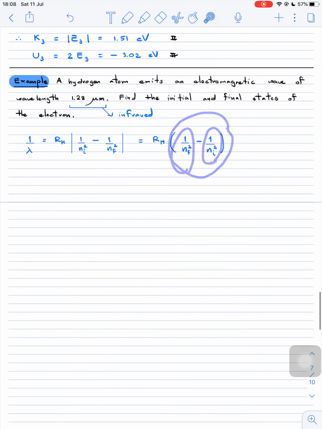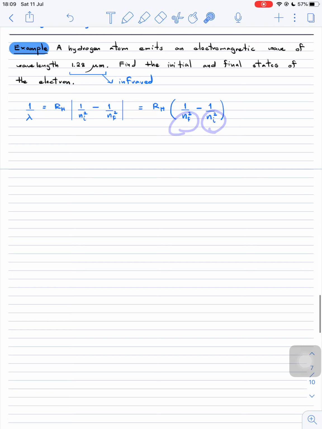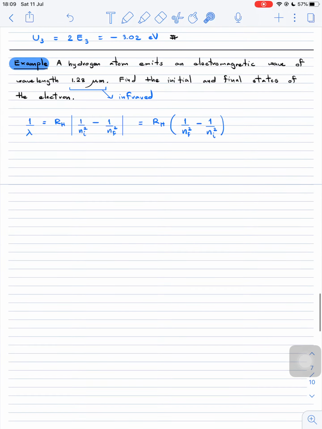Now we want to plug in the Nf equal to 3, 4, 5, and then find the Ni.